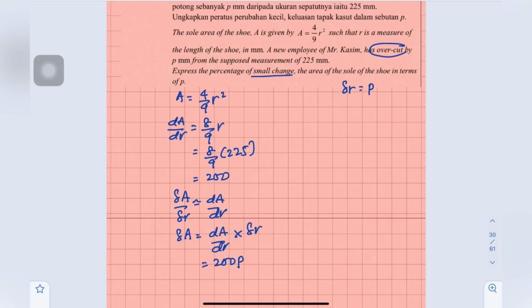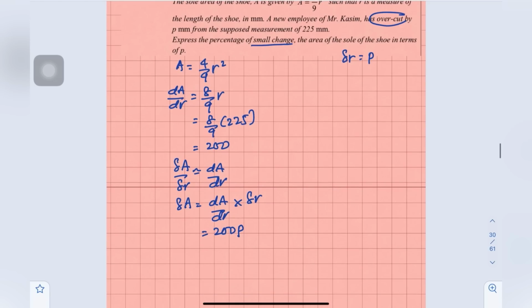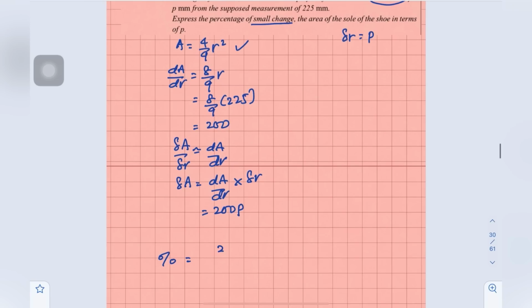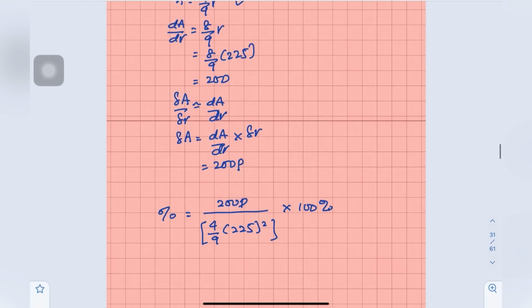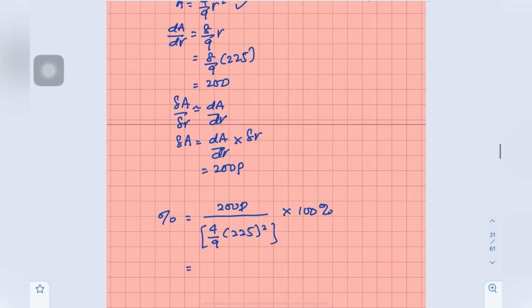So now to find the percentage, okay, the percentage is the small change divided by the initial value of A. So 200P over 4 over 9, R is 225 squared, times 100%. Okay, so you calculate, and you will get 8 over 9 P percent.